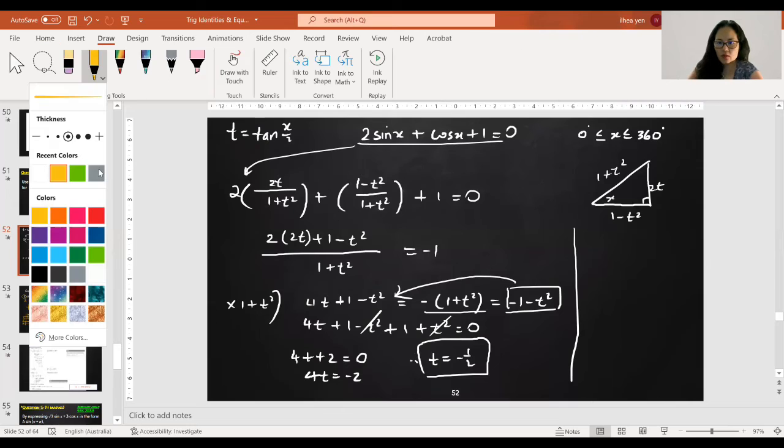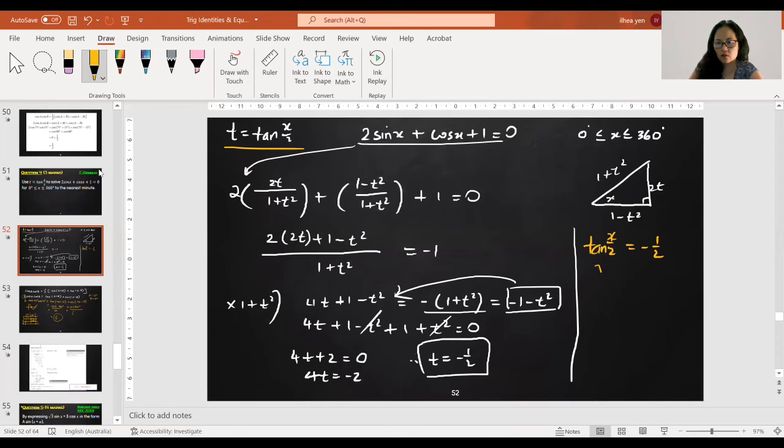Now that's not all. t was x over 2, so tan inverse of negative half. Now that negative is not really a value, it's which quadrant? Where the tan is negative, here: second and fourth.